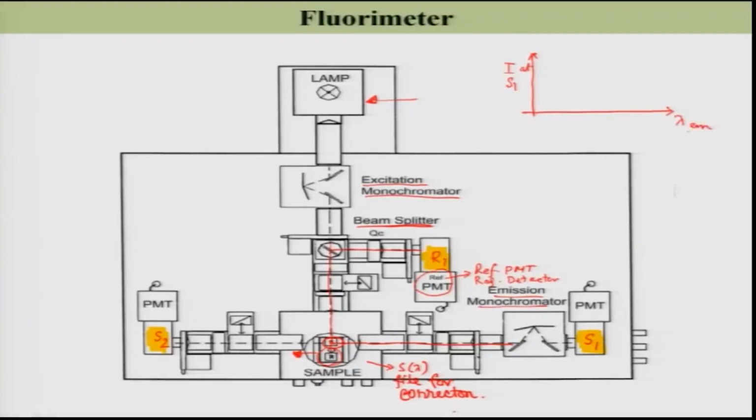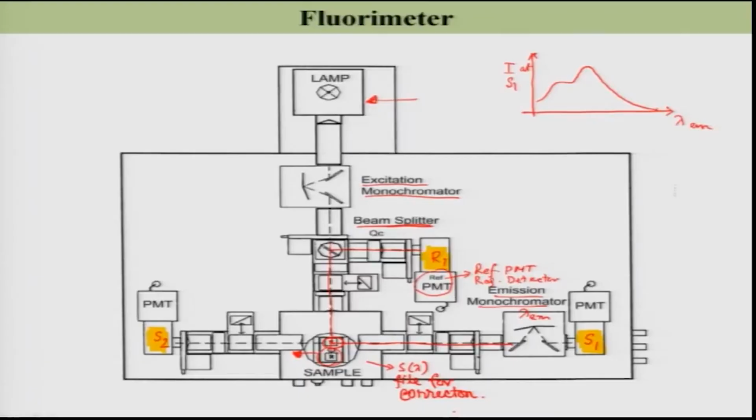That lambda emission will be set by this emission monochromator, right. You will set what the lambda emission is. So, you plot it over here this way and you will get something like this, right, but this is not correct, you know.